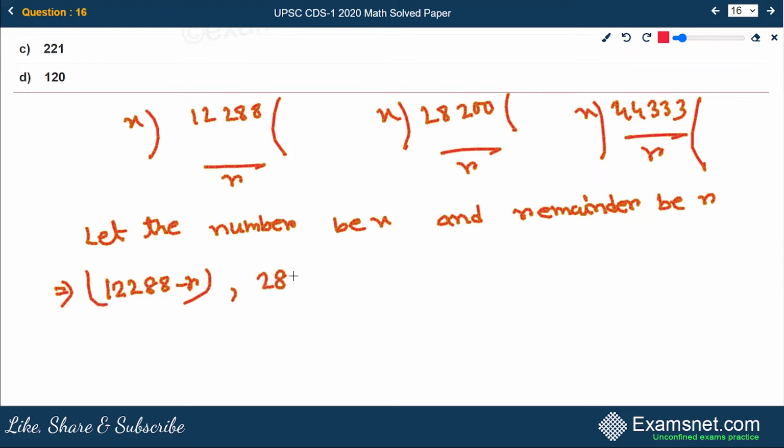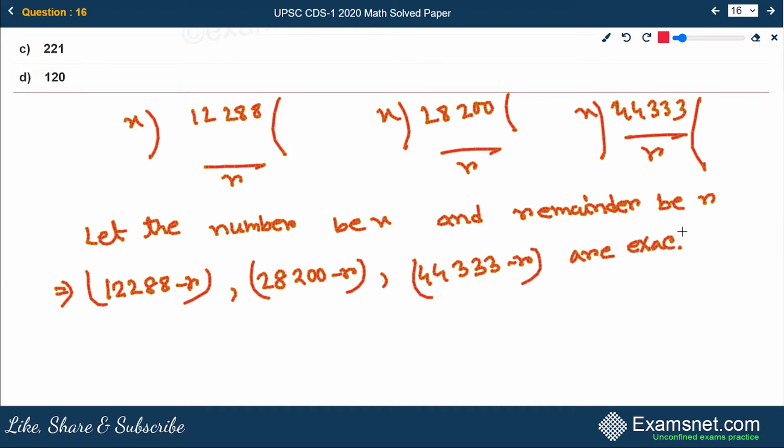Also 28,200 minus r is divisible by x. Also 44,333 minus r is exactly divisible by x.